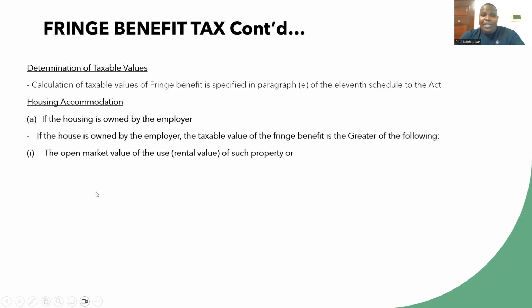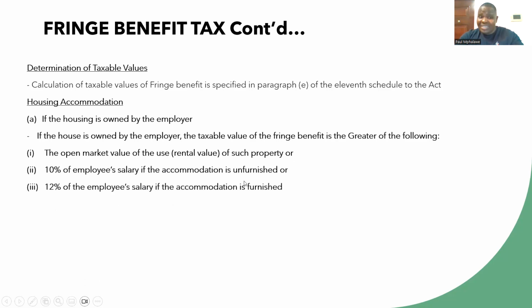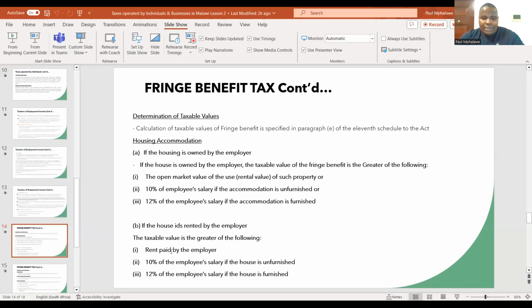Number one, the open market value of use or the rental value of such property, or 10% of the employee's salary if the accommodation is unfinished, or 12% of the employee's salary if the accommodation is finished. So you need to take the higher of the three: open market value, 10% of the employee's salary if the house is unfinished, or 12% of the employee's salary if the house is finished.